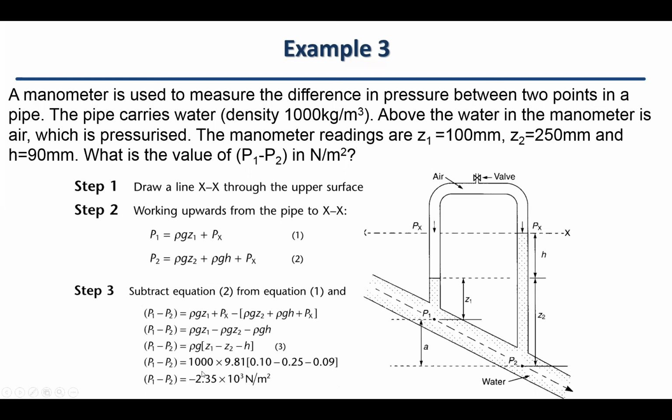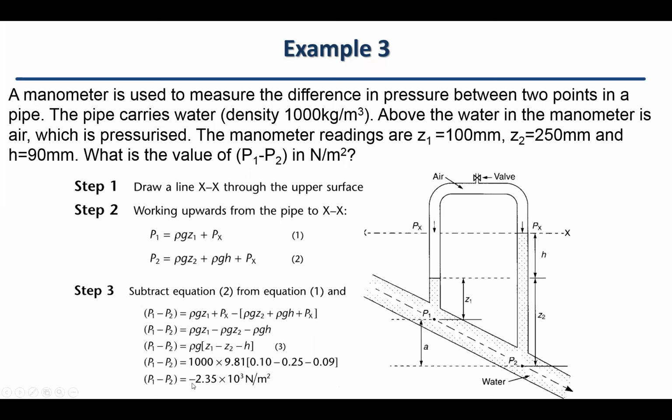And if you substitute, rho is 1,000, g is 9.81. Inside the bracket, we have 0.1, since Z1 is 100 millimeters, which is 0.1 meters, minus Z2 which is 0.25, minus H which is 0.09. Okay, that's the H. And the difference in pressure is equal to minus 2.35 thousand newtons per square meter.